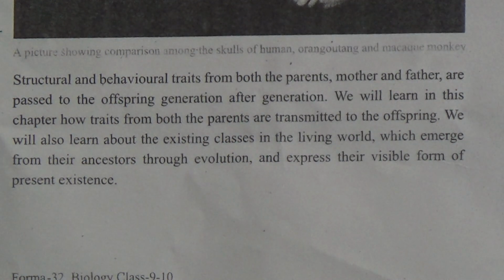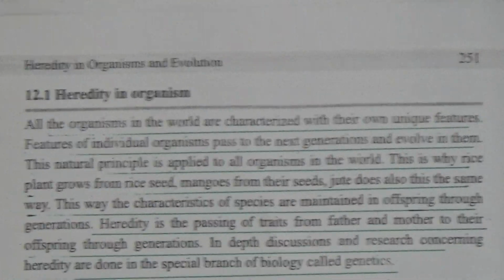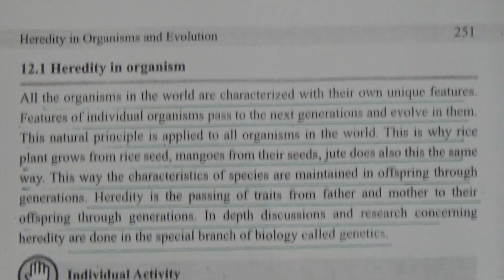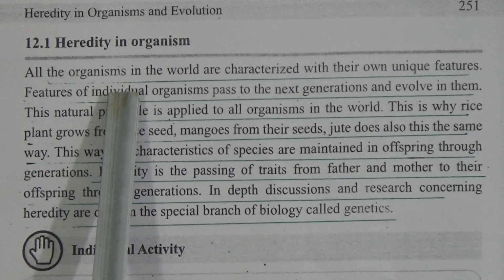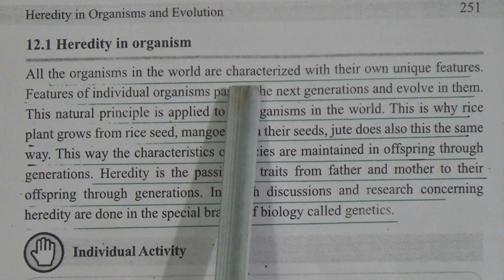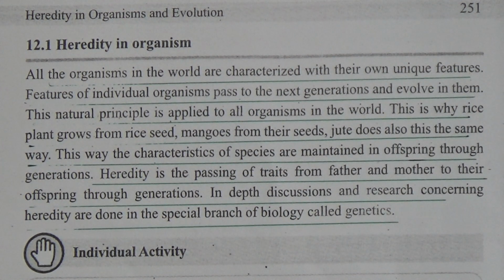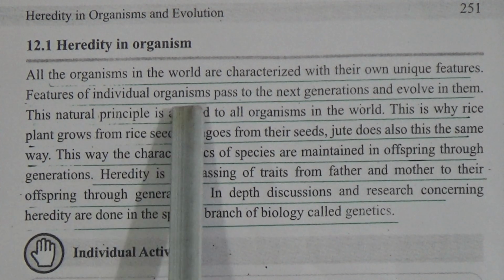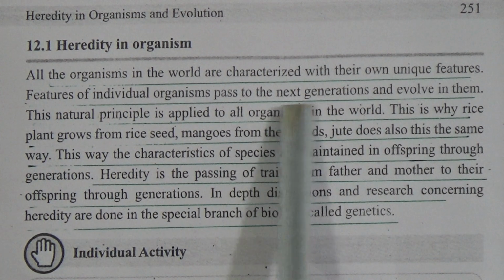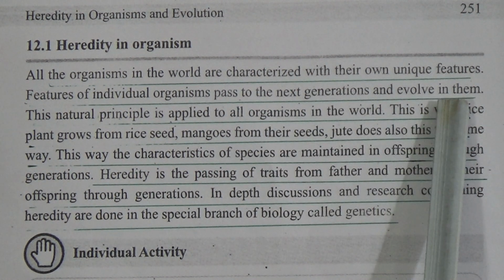Now come to here, this is page number 251. Here is heredity in organism. All the organisms in the world are characterized with their own unique features. Features of individual organisms pass to the next generation and evolve in them.